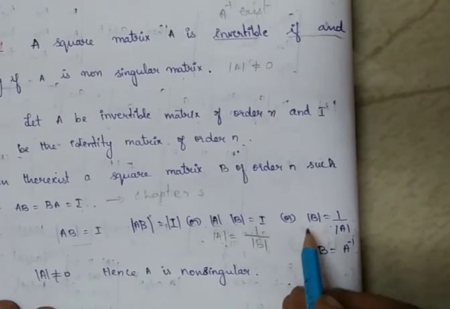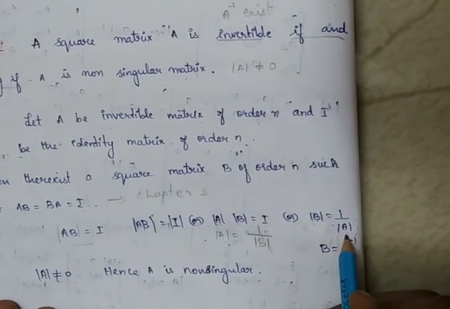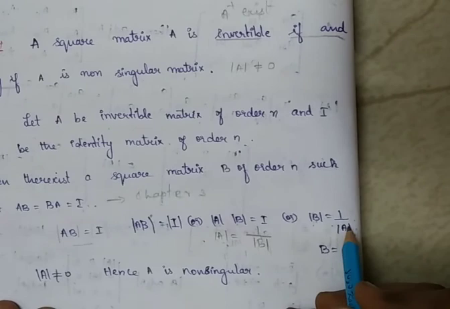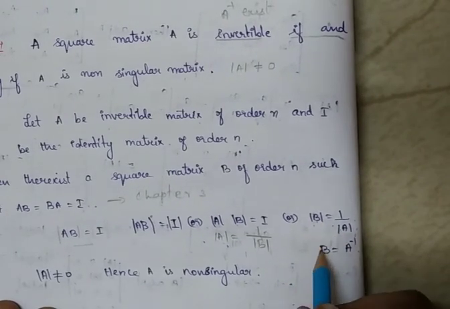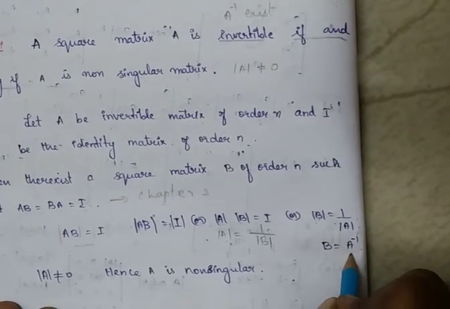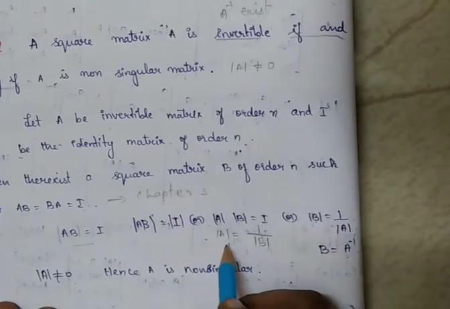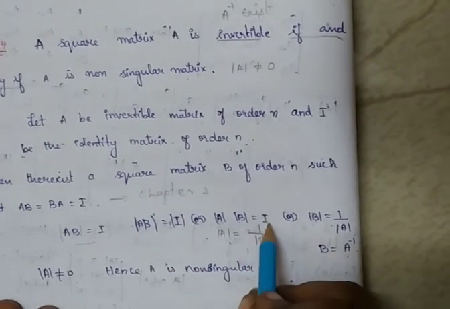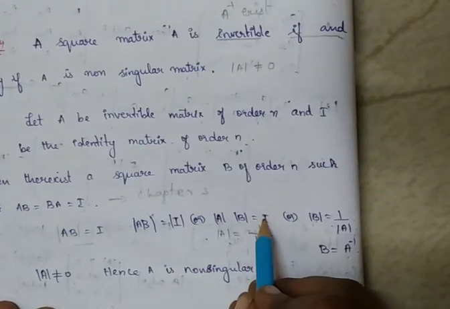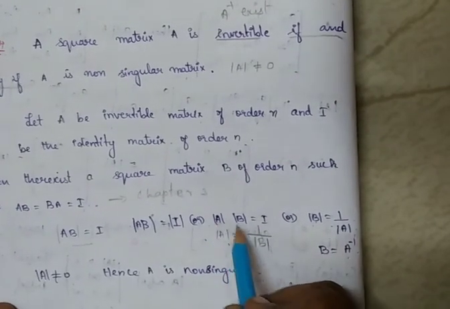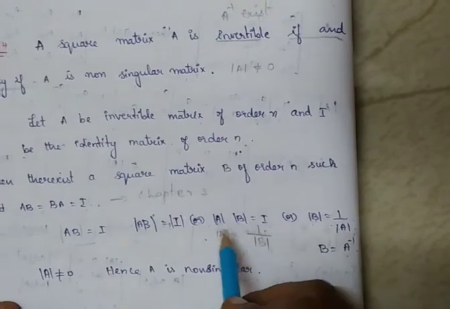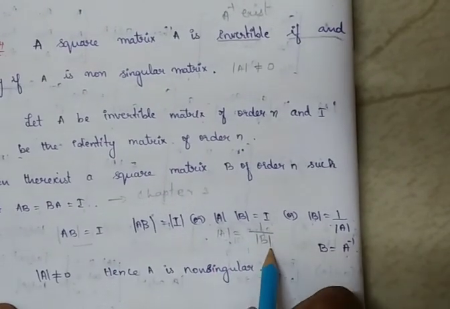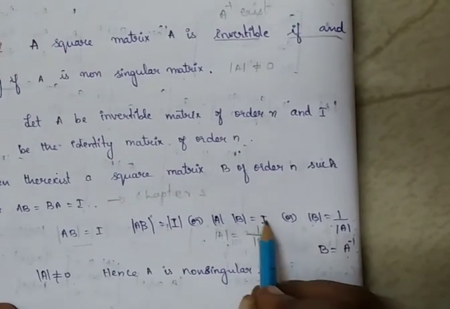See here, B is here, A is in the denominator, so it is understood that this is the inverse, so that I can write B is equal to A inverse. Similarly, I can say that A equal to B inverse. If this is so and this is equal to identity, one is the inverse of the other.